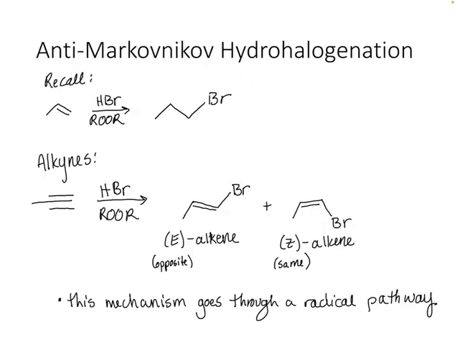And then also remember that if you add peroxides, then the bromine will add to the less substituted carbon. But because we're going from a triple bond to a double bond, you can end up with a mixture of stereoisomers. So you'll get the E-alkene and the Z-alkene.